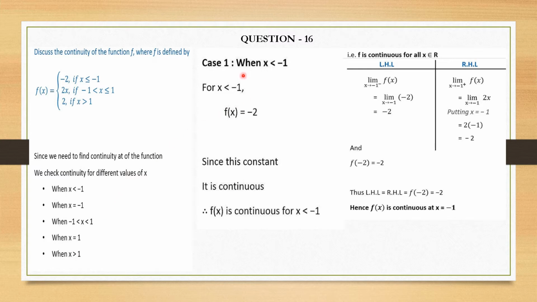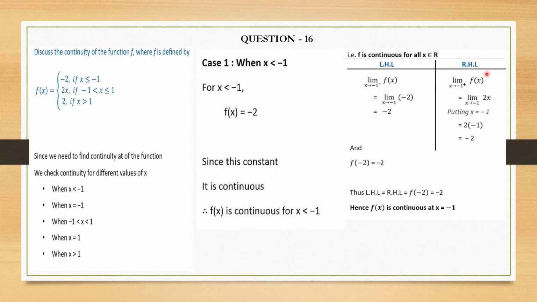So let us start. For x less than minus 1, it is minus 2, a constant function which is continuous. At x equal to minus 1, I have to check both LHL and RHL. LHL is simply, putting x as minus 1 minus h, because it is a constant function the value will be minus 2.